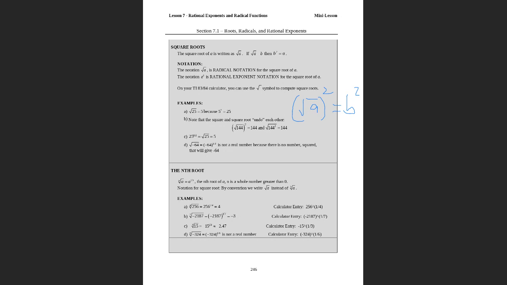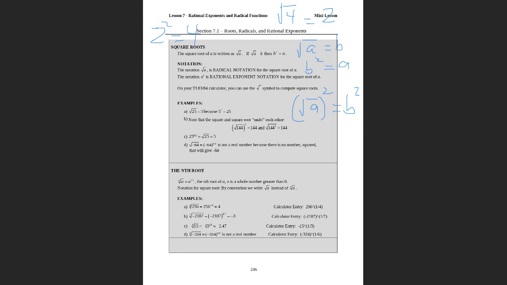Now, remember that from what we just did on the whiteboard, we know that if square root of a equals b, then b squared equals what? A, right? The square root of 4 equals 2. Then 2 squared equals what? 4, right?